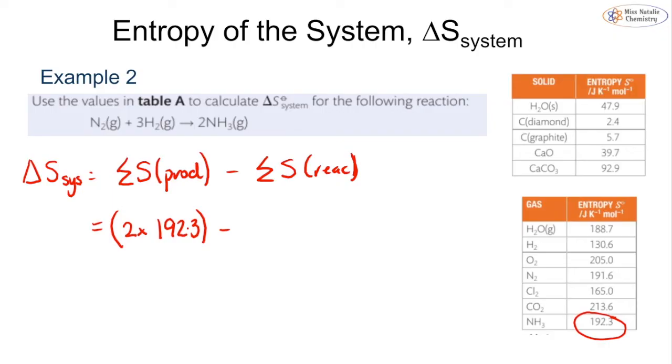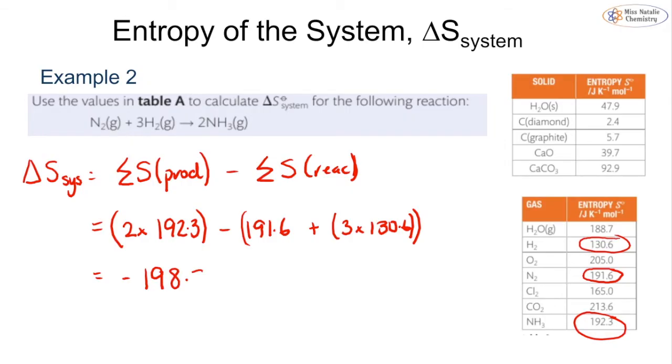So we have our nitrogen is 191.6, plus our reactants are also the hydrogen, so 3 times 130.6, and that gives us an overall answer at this time of minus 198.8 joules per Kelvin per mole.